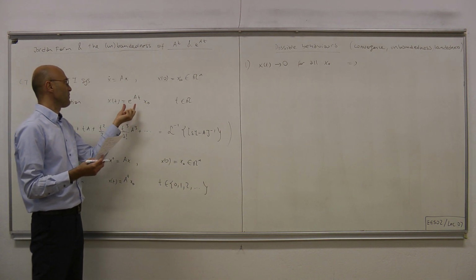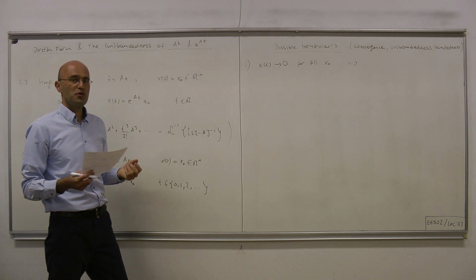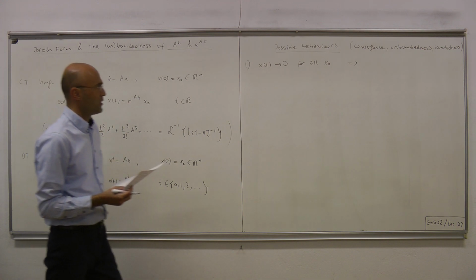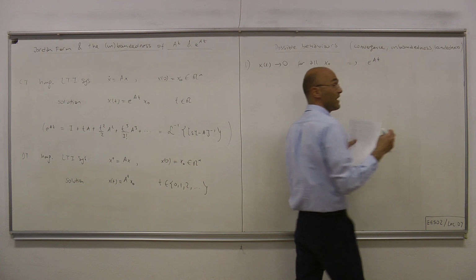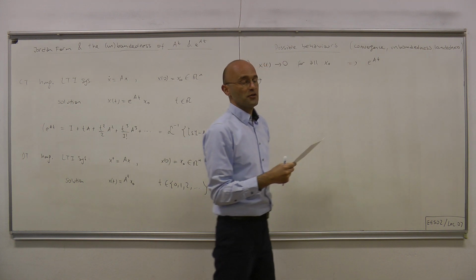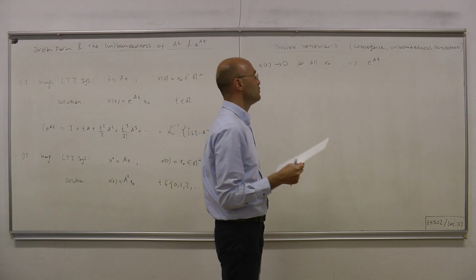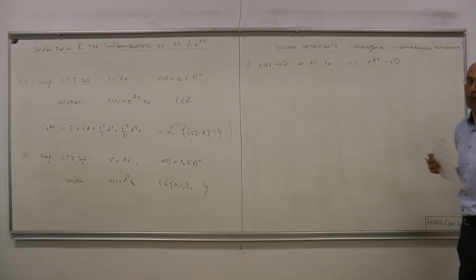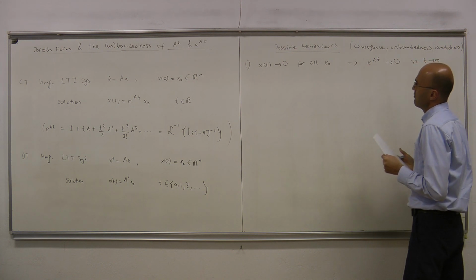By a matrix converging to zero, we mean simply that all of its entries are converging to zero. So this implies, in fact is implied by, so this is an equivalence, but let's not worry about that. If this is true, then e to the At must converge to the zero matrix as t goes to infinity.